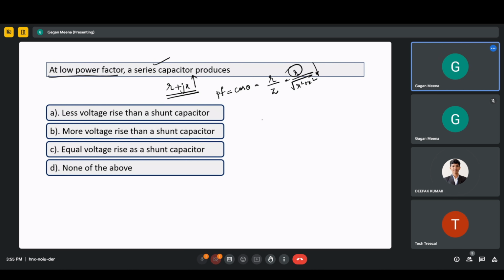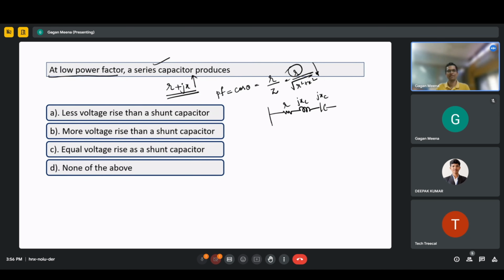Yes, sir. In the series way, directly it will be R, this is jXL, and it is jXC with a minus. So it is directly reducing the impedance.